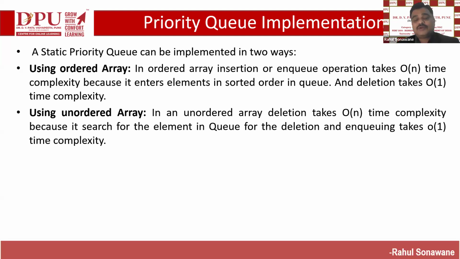Because like you people have just seen, there are multiple ways to implement the queue data structure. We have seen the linear queue, which we implemented using array as well as using linked list, right? Then furthermore, we moved towards the circular queue. Again, it can be implemented using array as well as using linked list, right? Now we are looking at the next type of queue.